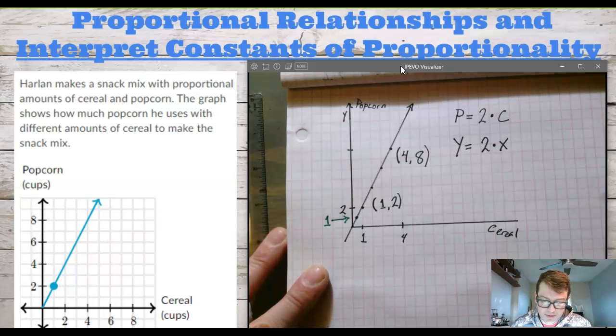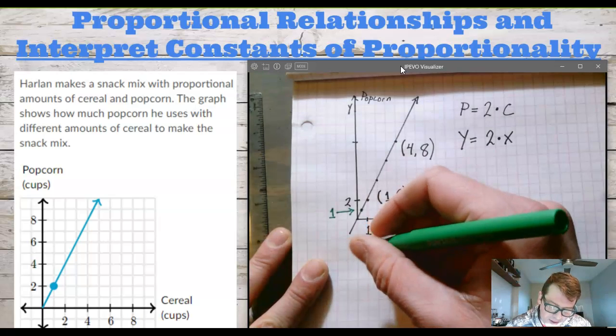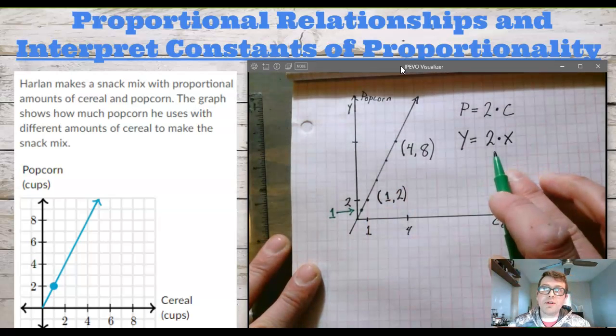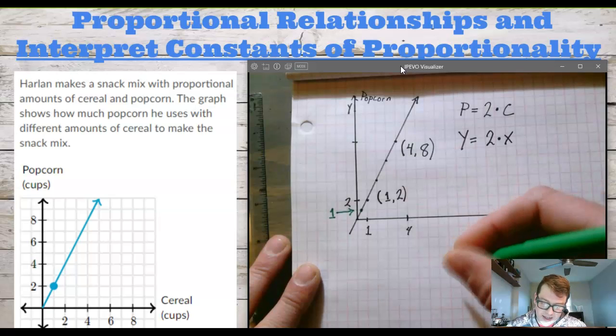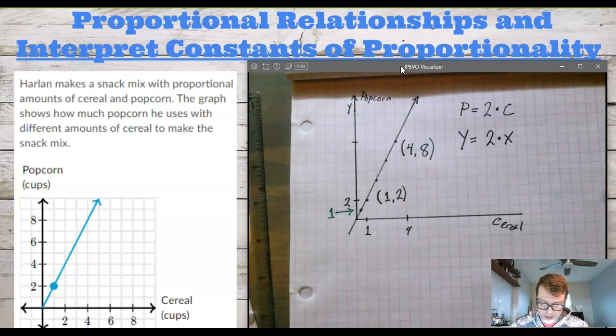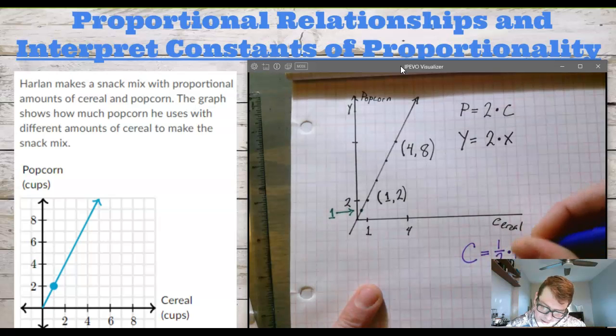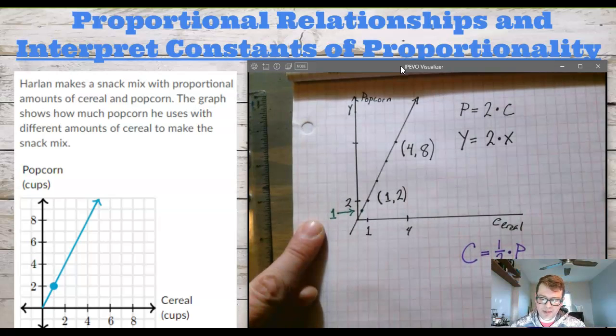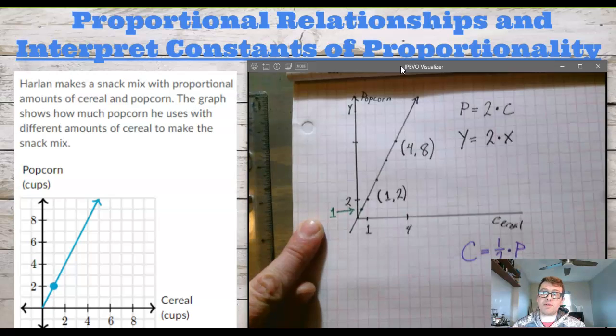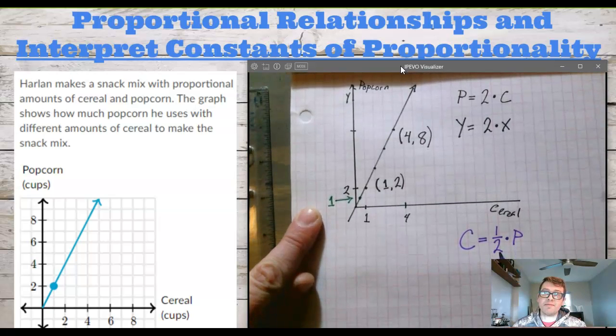Would it be half a cup? Yeah! So our other unit rate, the reciprocal unit rate, says that cereal is half of the amount that popcorn is. If popcorn is 1, I only use half a cup of cereal.